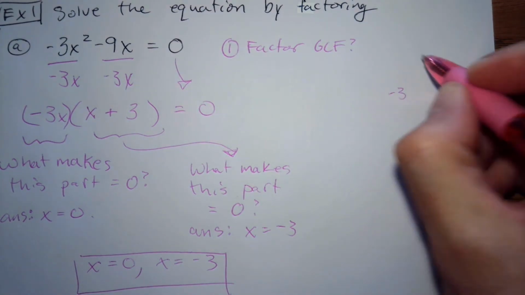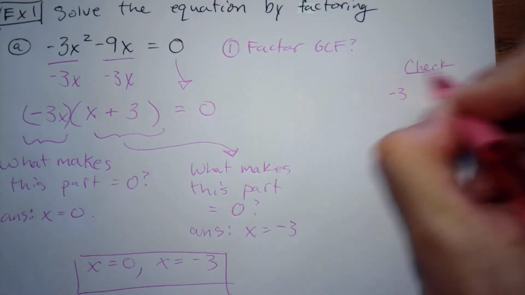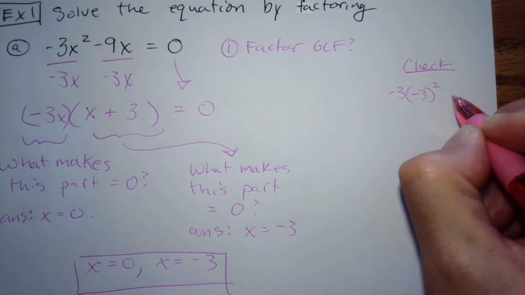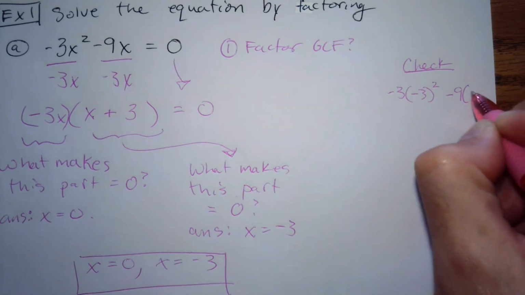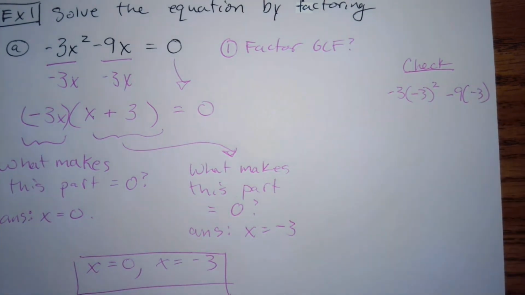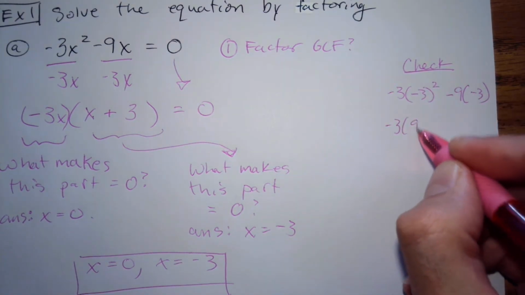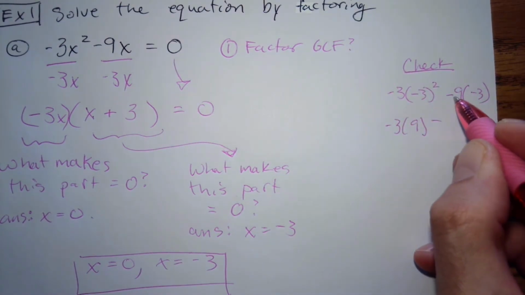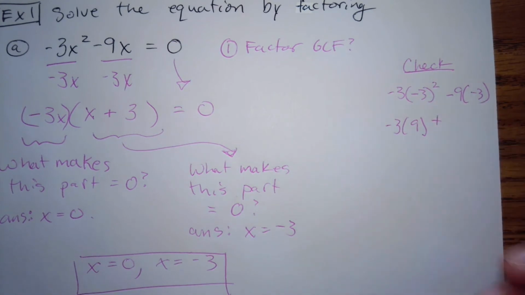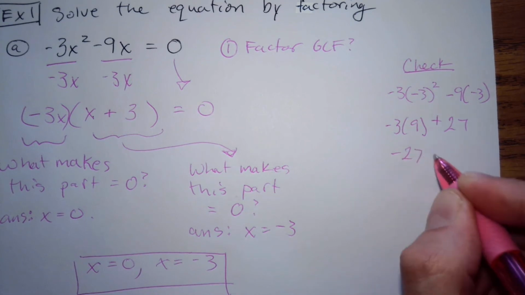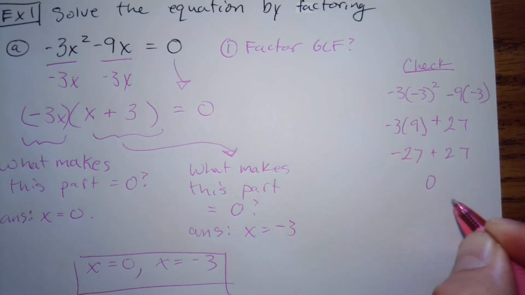Negative 3 times negative 3 squared minus 9 times negative 3. Let's see if this equals 0, because it's supposed to. Negative 3 squared is 9. Negative 9 times negative 3 is positive 27. And we get negative 27 plus 27, and that is 0.